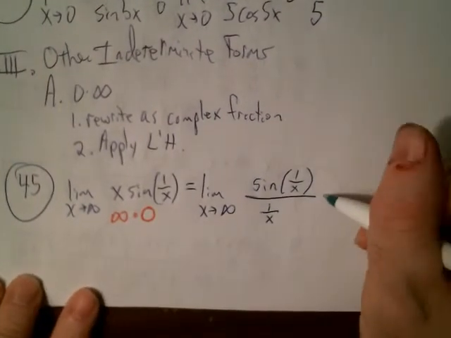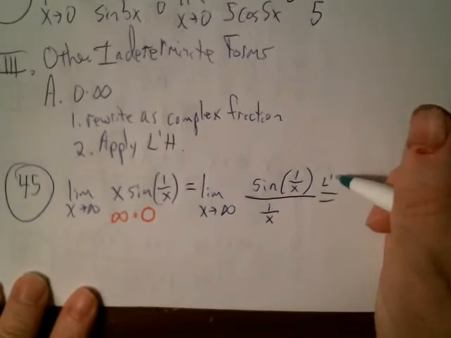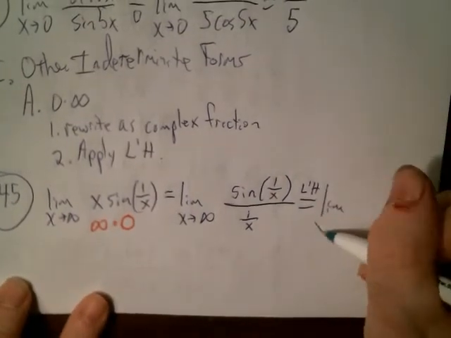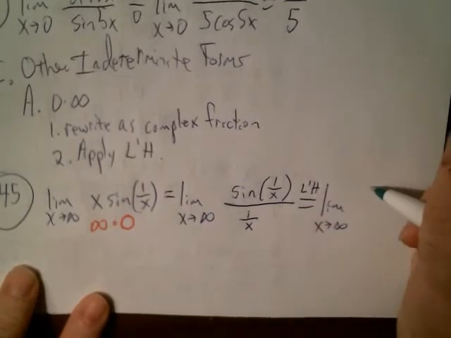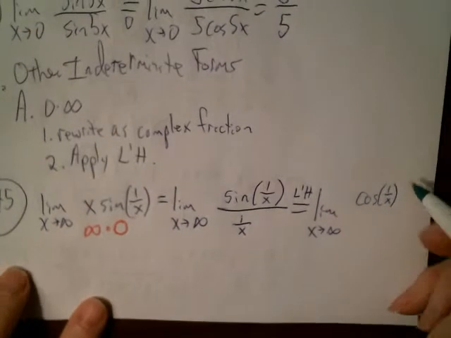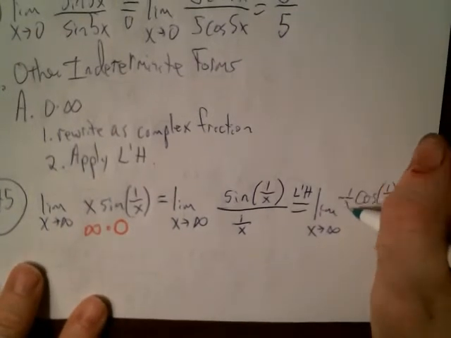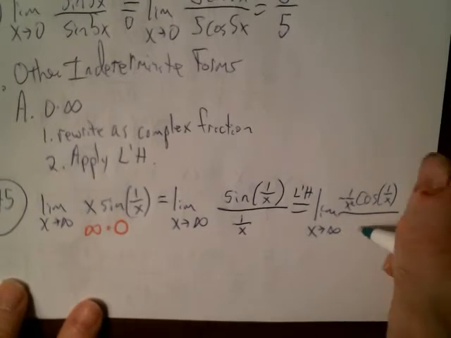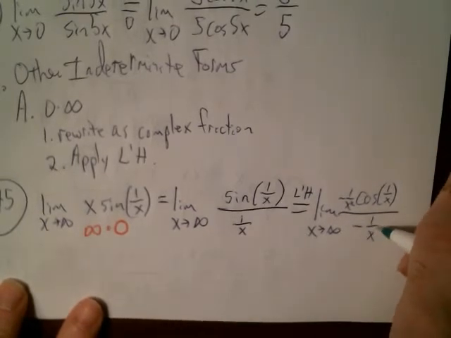Now I'm going to do L'Hopital's rule. I have the limit as x goes to infinity of the cosine of 1 over x times the derivative of 1 over x, which is negative 1 over x squared, all over the derivative of 1 over x down here, which again is negative 1 over x squared.